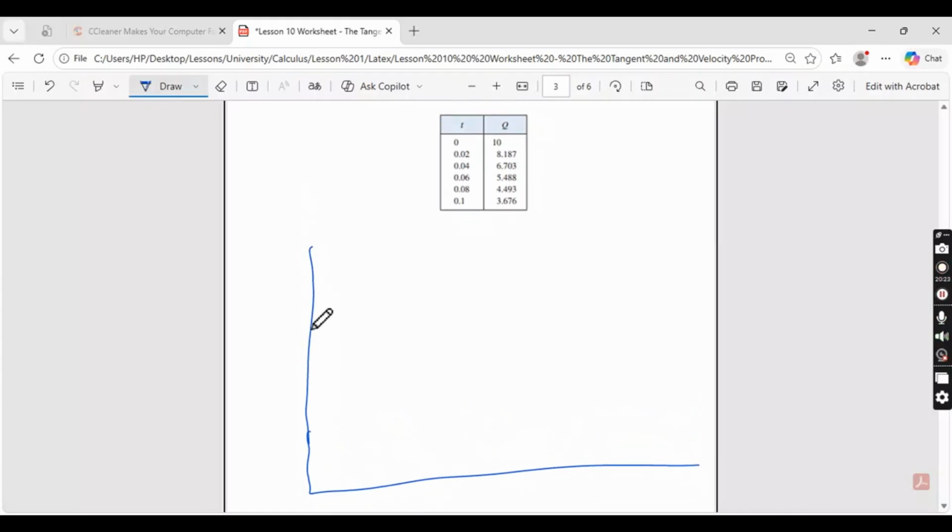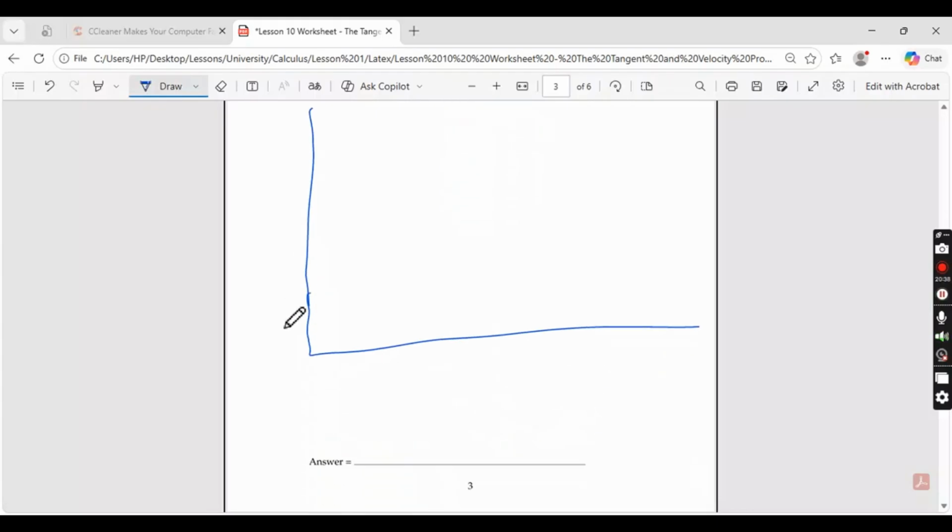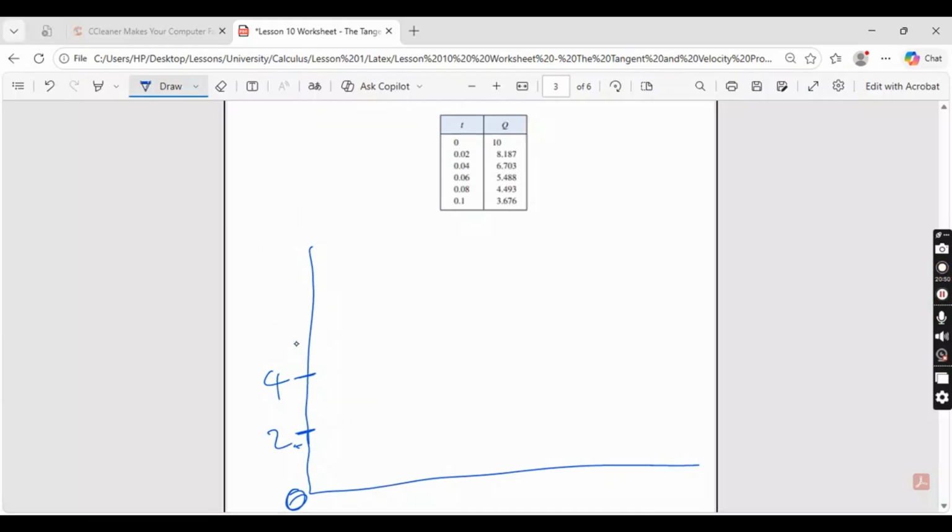The y is Q. Yeah, it's 10, but what should we use? 2, 4, 6, 8, 10? Yeah, 2, 4, 6, 8, 10.